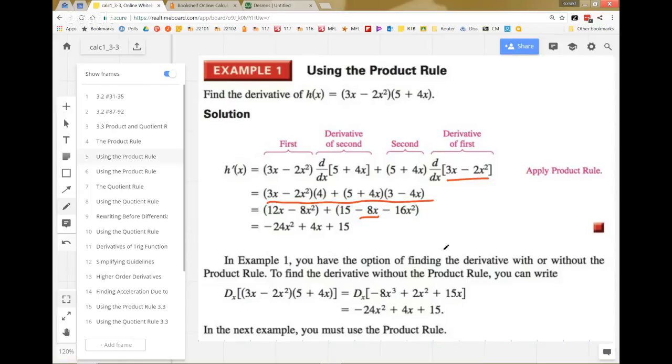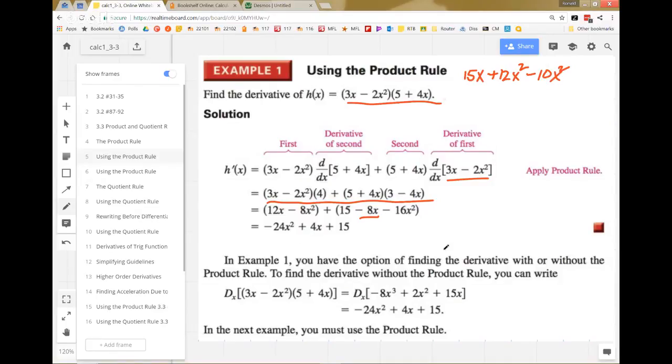So, like I said, we could have cheated on this one. Here, let me just show you what I mean by that. We could have multiplied this out. 3x times 5, 15x. 3x times 4x, 12x squared. Negative 2x squared times 5, negative 10x squared.